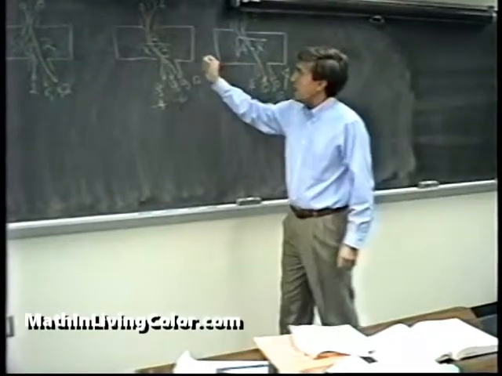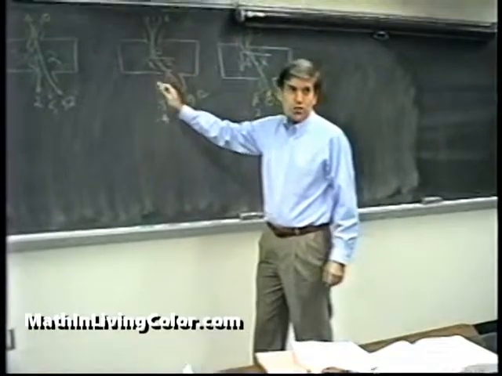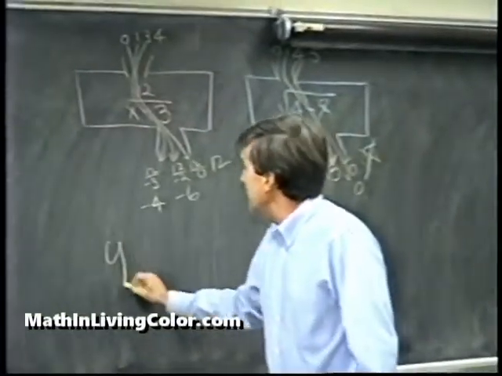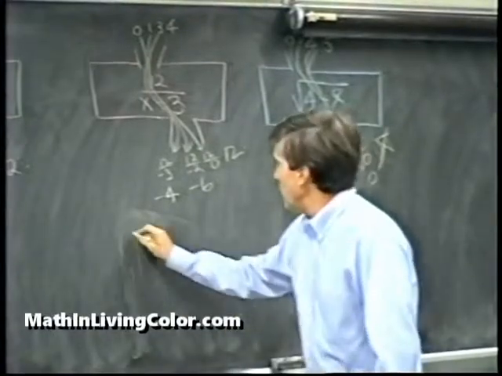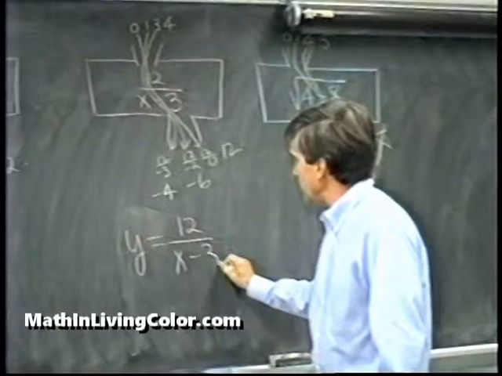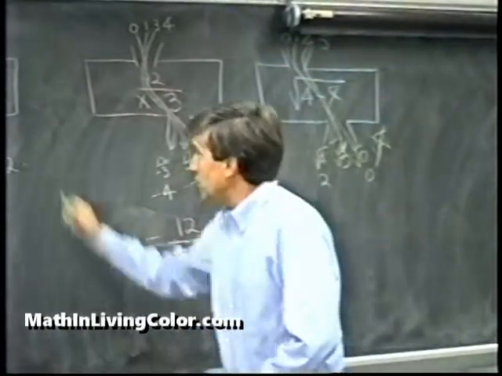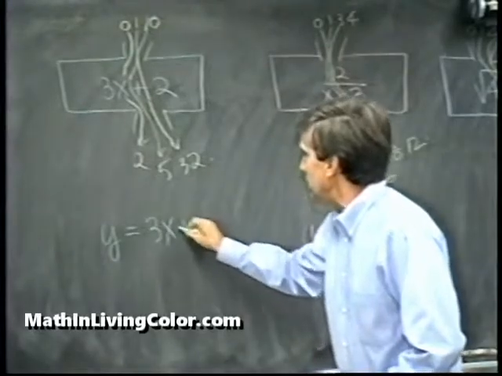But in real life, this is going to be given in the form of an equation, like y equals 12 over x minus 3. Or this one, the green one down here, would be y equals 3x plus 2.